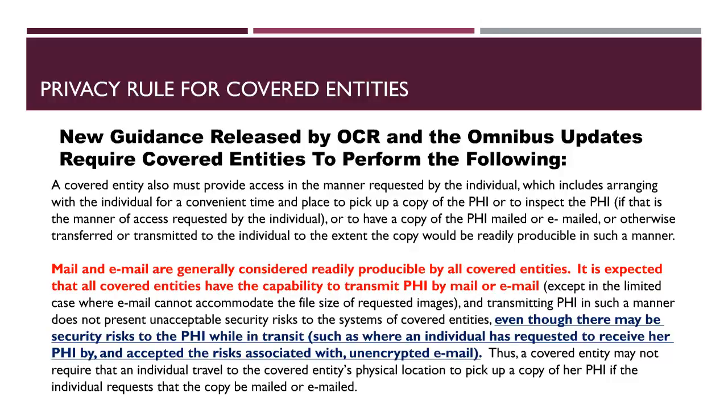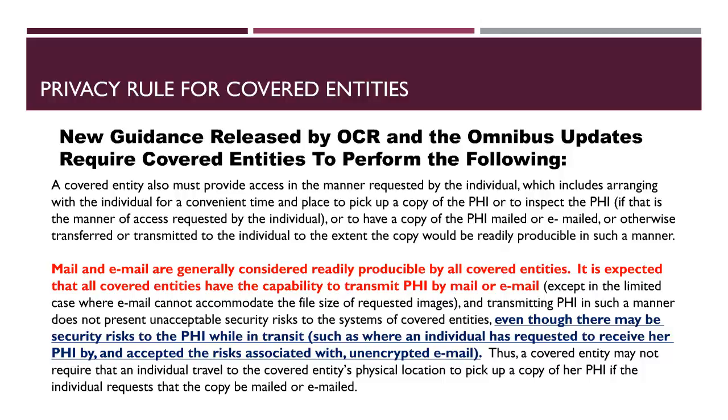Another part of the Omnibus Rule states that the covered entities must also email a patient's records to them. Now, we all know that this is an insecure method of transmission. It could be intercepted. I like to tell patients that it's like sending a postcard through the mail. Other people can read it.